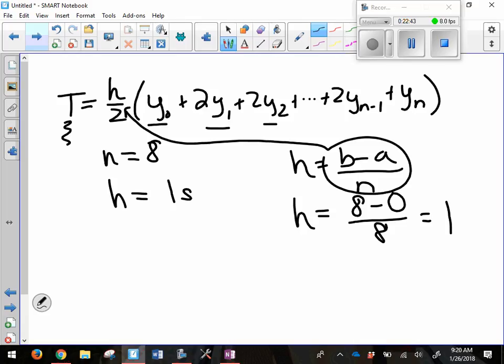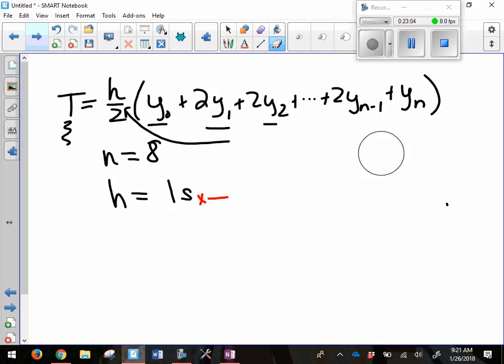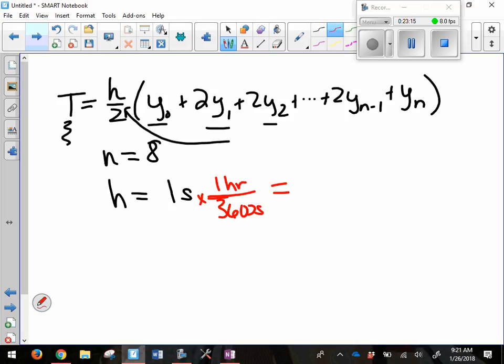All right, so what I did, there are multiple ways to do it, is we need to convert this h into hours, is what I would do for starters. So how am I going to convert 1 second into hours? Okay, so 1 hour is 3,600 seconds, and what do we get?